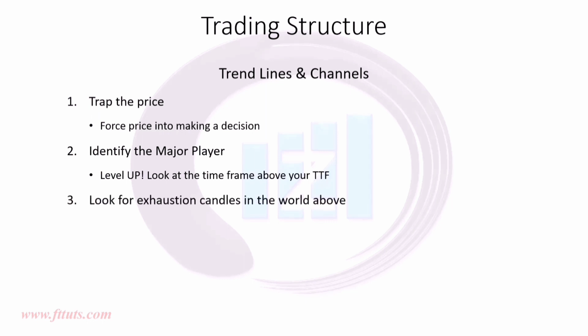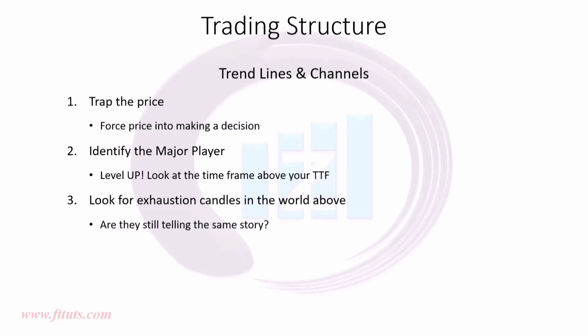Then we want to look for exhaustion candles in that same world above. In that 4 hour time frame, in this example, we want to see whether the candles being formed by the 4 hour are telling us the same story that we're seeing on the 1 hour. We looked at that a little bit in the last video.